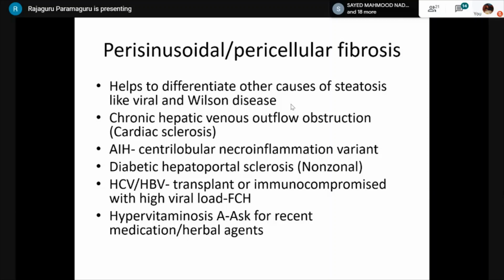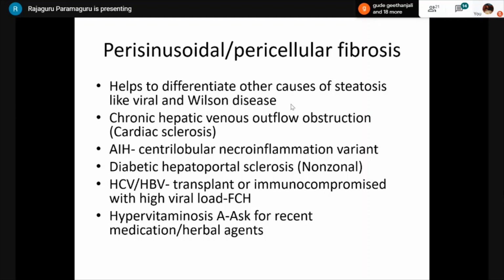And there is another type called fibrosing cholestatic hepatitis. That happens with hepatitis C or B virus infection with a high viral load. It usually happens in a transplant or immunocompromised patient, who presents with a cholestatic picture, with cholestatic jaundice, and the biopsy will show extensive fibrosis, a lot of pericellular fibrosis and a lot of ductal reaction.